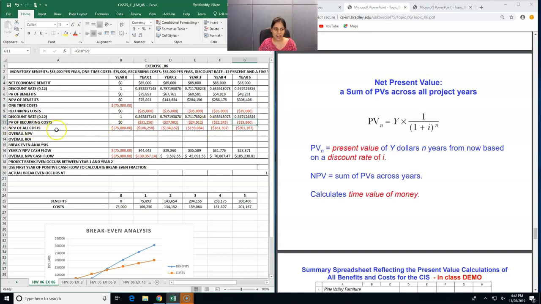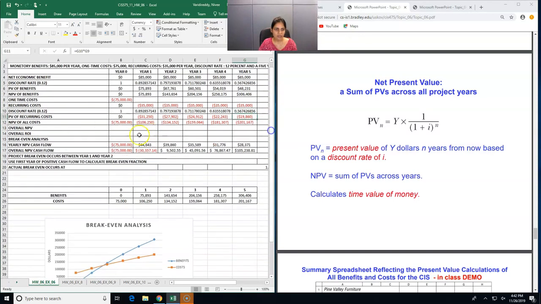Now we need to calculate the NPV of all costs. So here we are calculating the NPV of all costs. We have to consider both the one-time cost as well as the recurring costs. For year 1, it's B12 plus C11, that is the NPV of year 0 as well as the PV of year 1. And for year 2, it's the sum of the PVs, or the NPV of year 1, plus your PV for year 2.